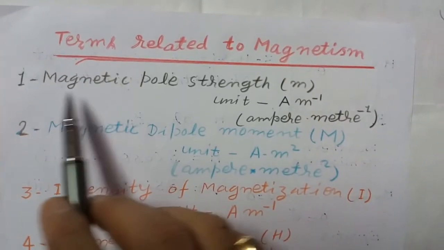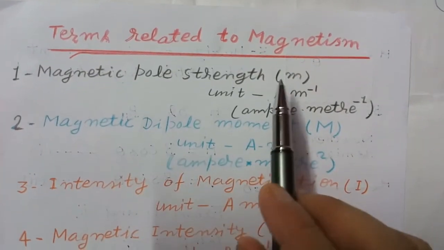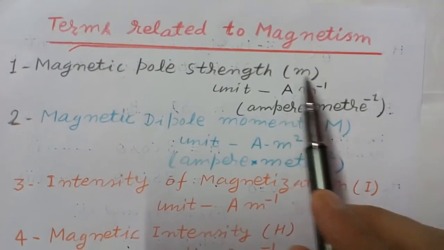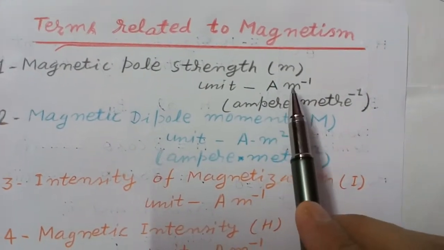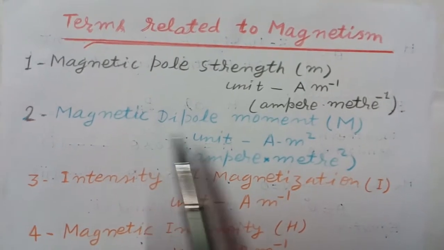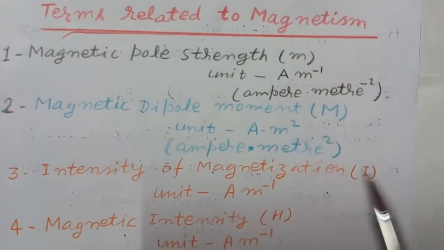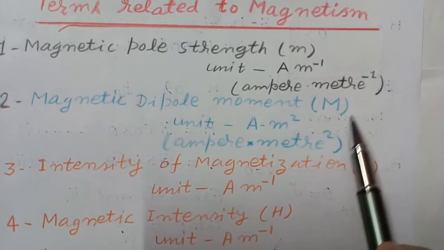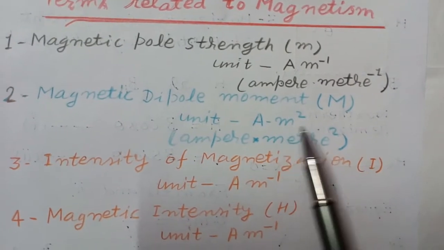So what is the relation between these? Magnetic pole strength is denoted by small m, and its unit is ampere into meter to the power minus 1. Magnetic dipole moment is denoted by capital M, and its unit is ampere meter square.